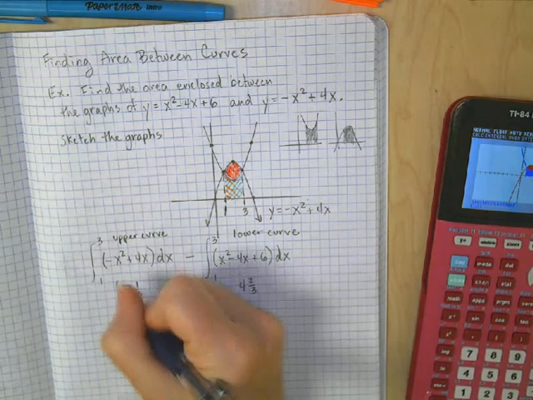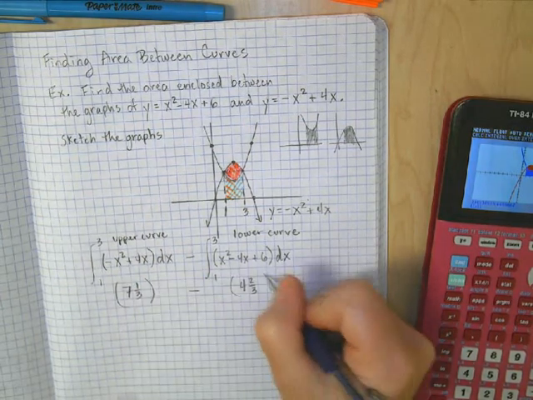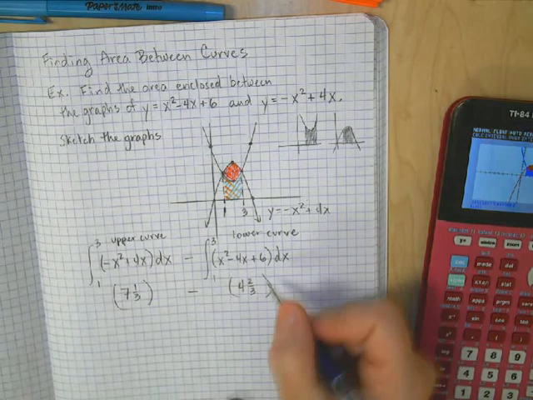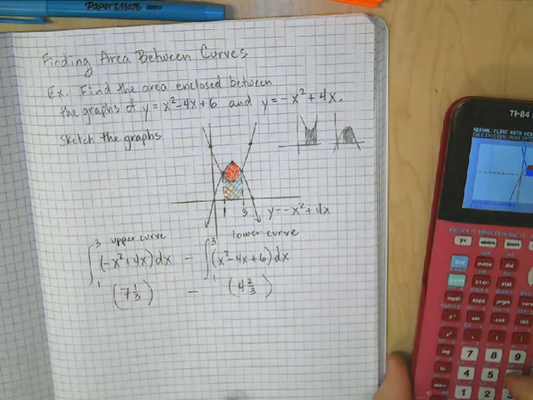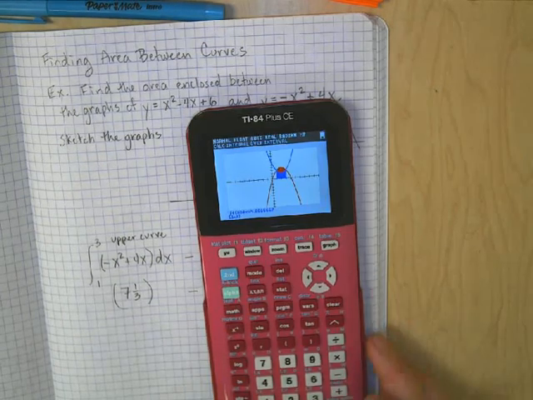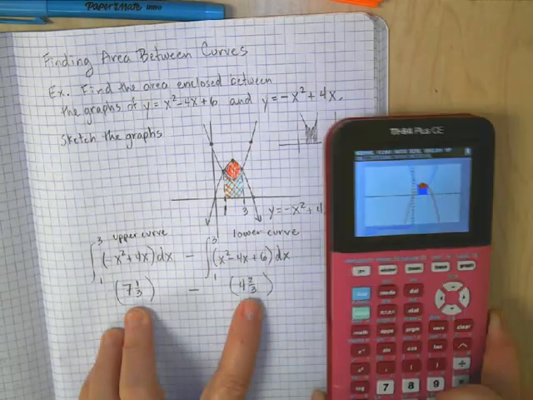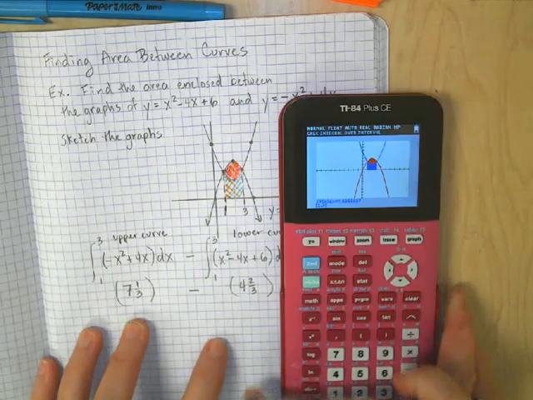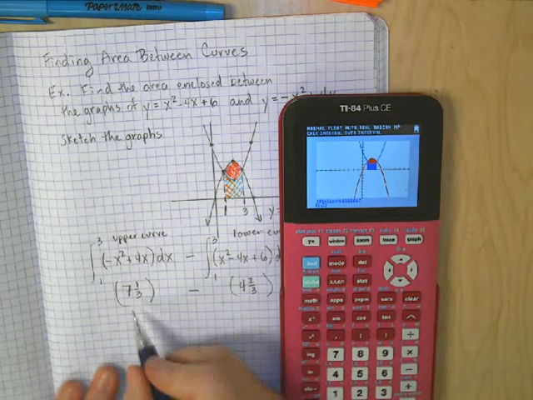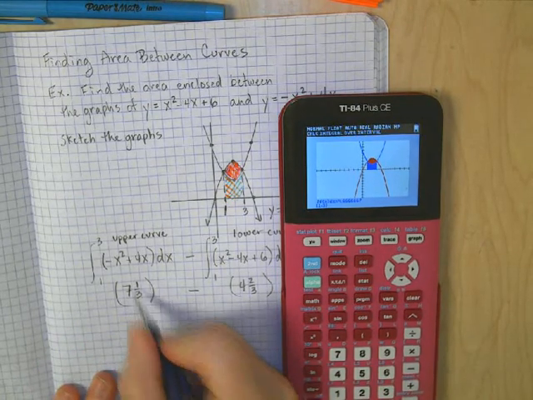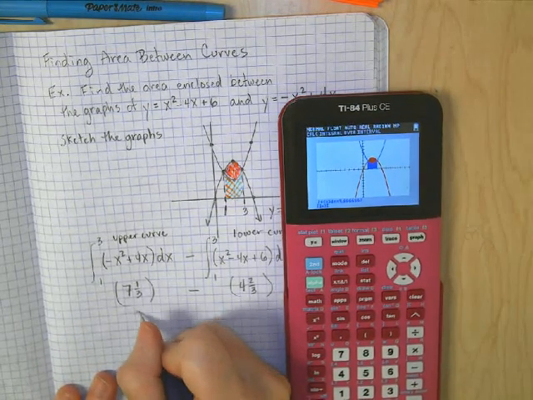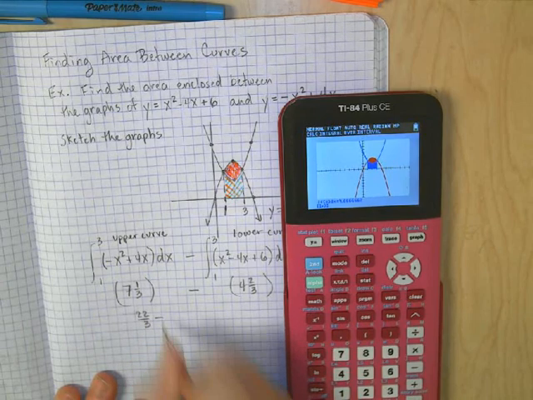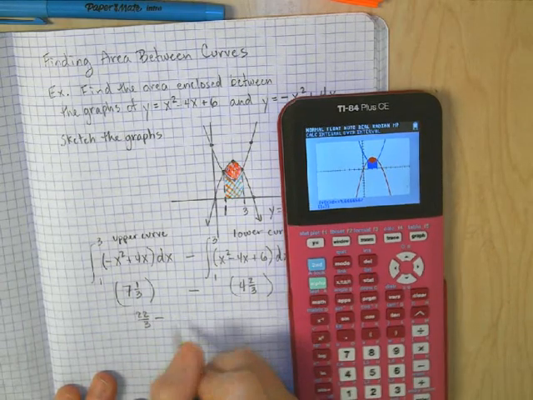So I have my area of the first one and the area of the second one. So again, I'm using my calculator. And so I'm going to do 7 1/3 minus 4 2/3. In order to put that into my calculator, it's helpful to write those as improper fractions. So that would be 22 over 3 minus 14 over 3.